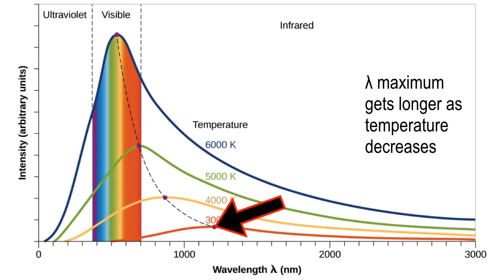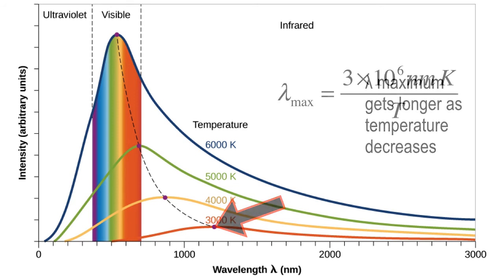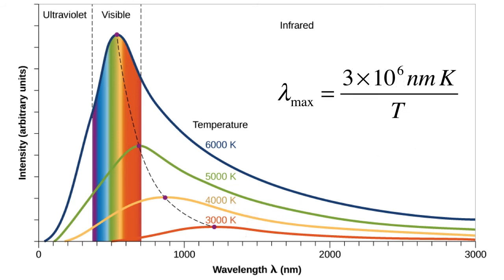Now, the mathematical formula for that is this. This is the Wien displacement law, they call it. The maximum lambda in nanometers is 3 times 10 to the 6 nanometer Kelvin. That's the numerator. That's a constant of nature. Divided by the temperature in Kelvin. All right?